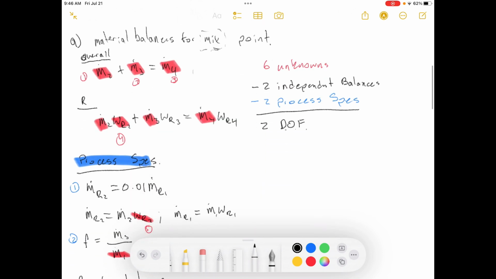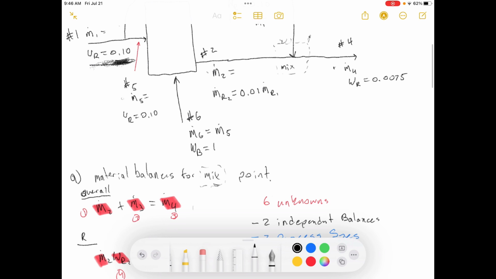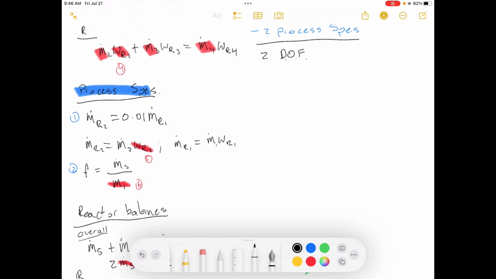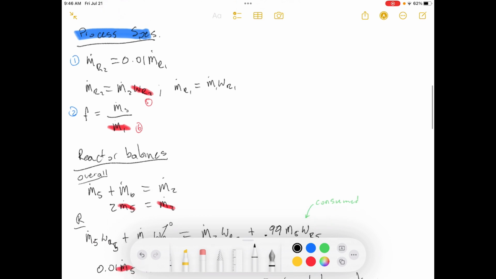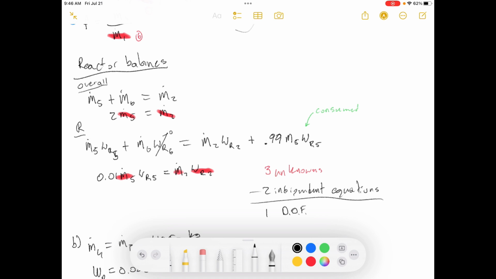I calculated that we had 2 unknowns. Even if we knew what this was, we had 2 unknowns in the mixing point, but we only have 1 unknown given the specs that we've got here. We only had 1 unknown in the reactor balance. So this is the overall reactor balance, and then this is the reactor balance around R.